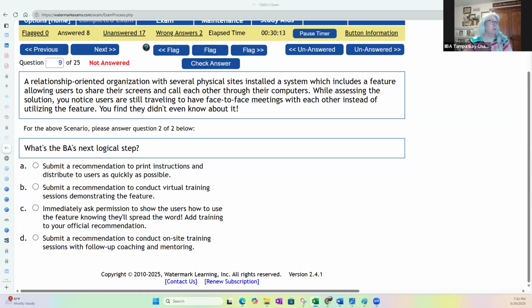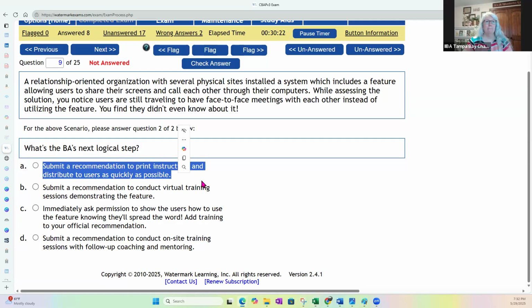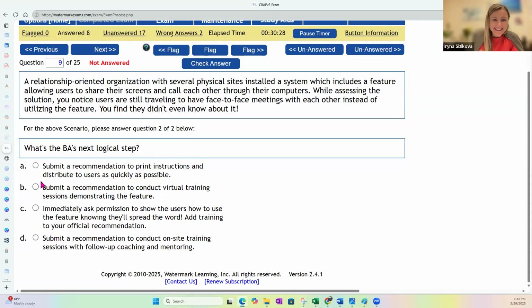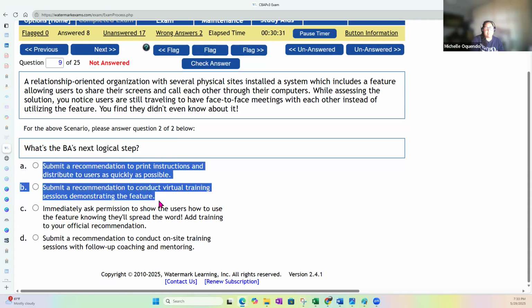So now we are in the fifth task, recommend actions to increase solution value. How about A? Would this be the next logical step? They all sound logical. Well, who's to say anyone will read the printed instructions? How about conduct virtual training sessions?